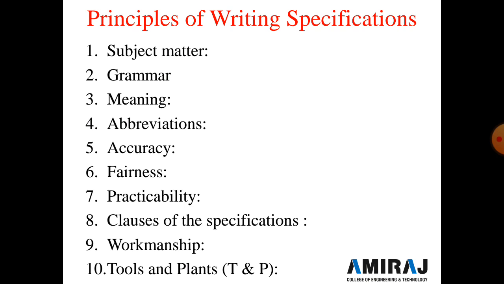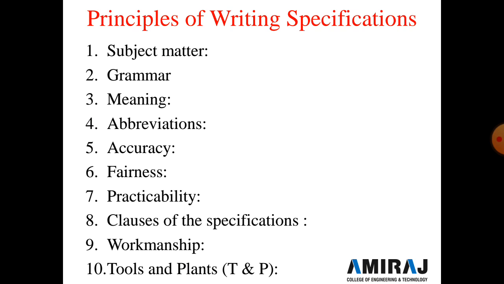Second is the grammar. While writing the specification, one shall express the requirement of specification clearly, avoiding the repetition and unusual words, and the style of tense shall remain same throughout the specification, and the sentence shall be short, simple, and concise.